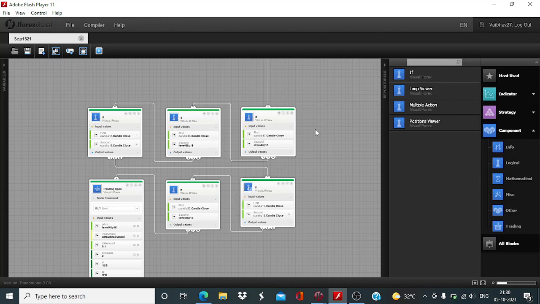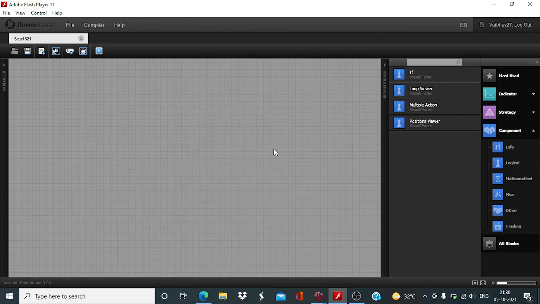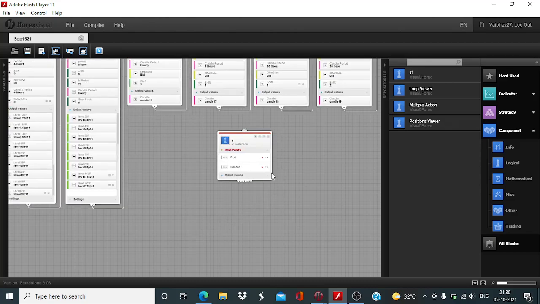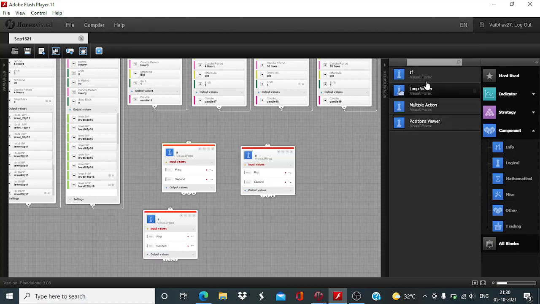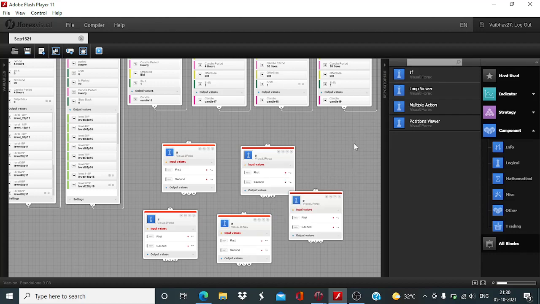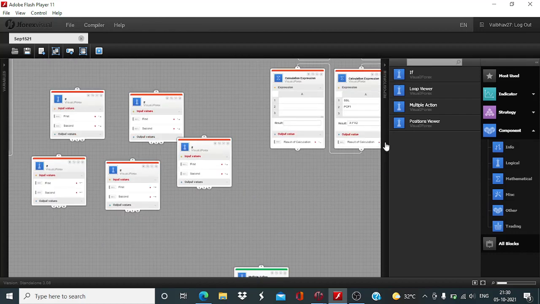So we are going to need 5 of these if else statements, and one trade command block, which is going to be the pending open.